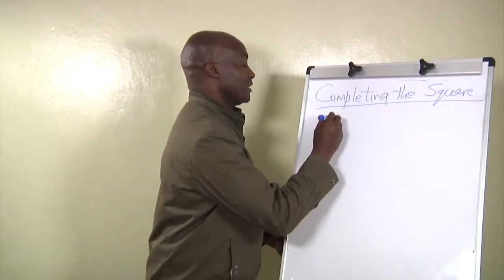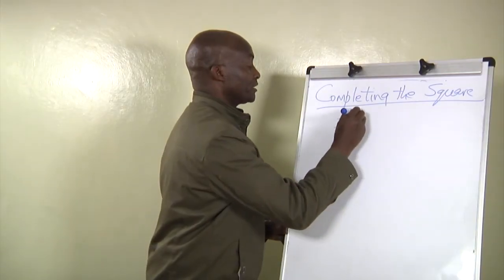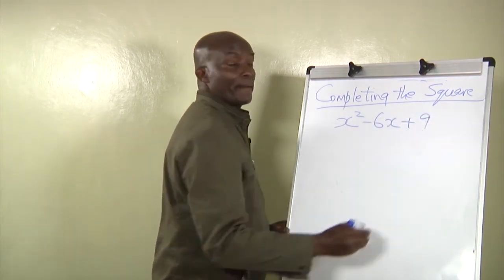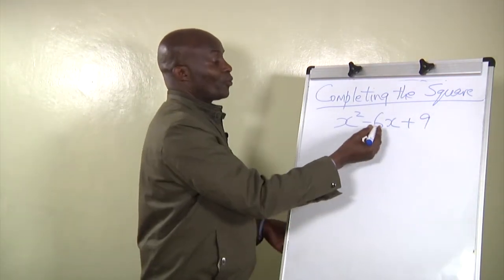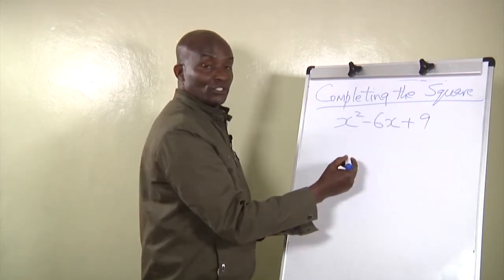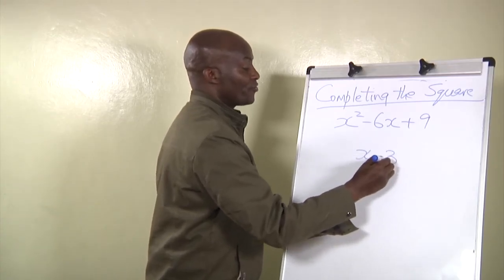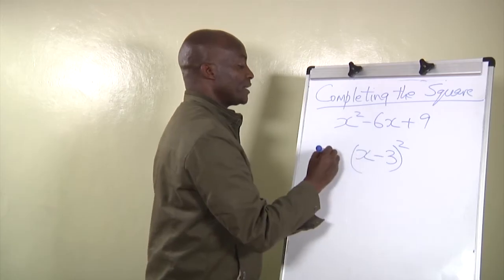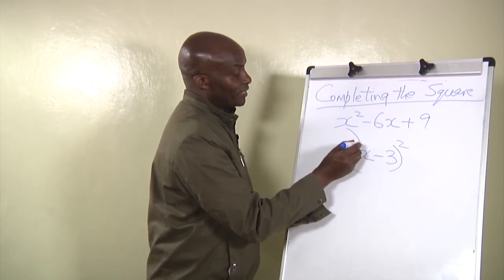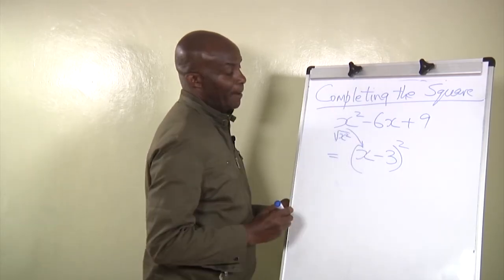Let's do that again. Supposing you are given x squared minus 6x plus 9. To get what this expression is a square of, it is a perfect square, and it is a square of x minus 3. So it can be written as x minus 3 whole squared. How did I get that? First, this one is always the square root of the first term.